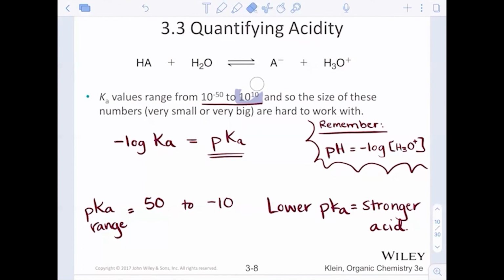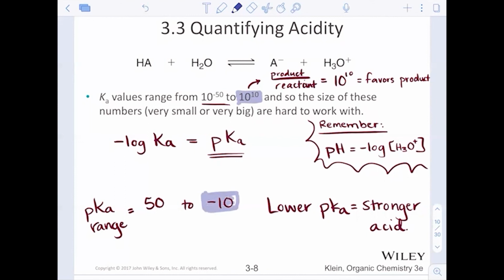What I mean by favored products is we looked at that number and said 10 to the 10 meant products over reactants for the Ka had 10 to the 10 times more products than reactants. If we adjust it with the negative log, that number, 10 to the 10, now becomes negative 10.